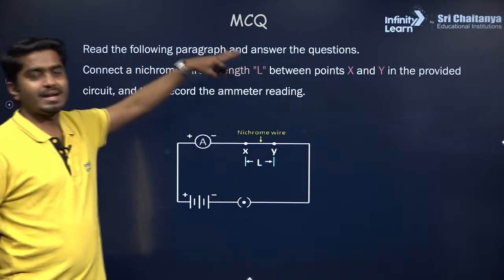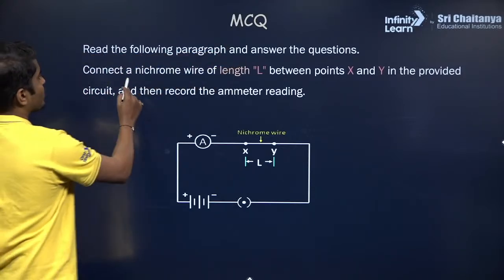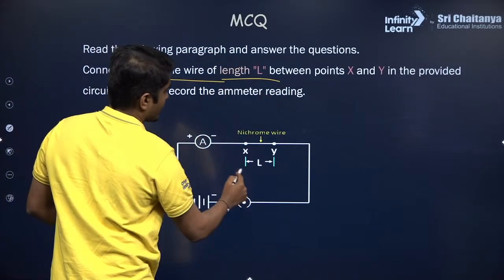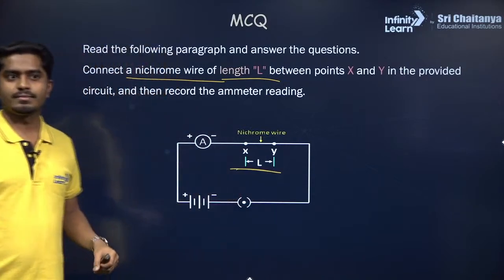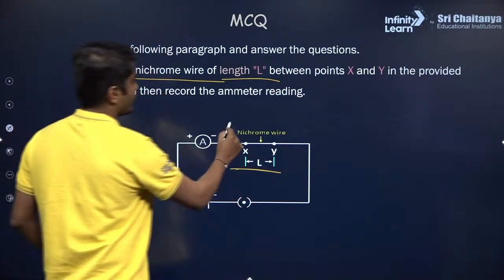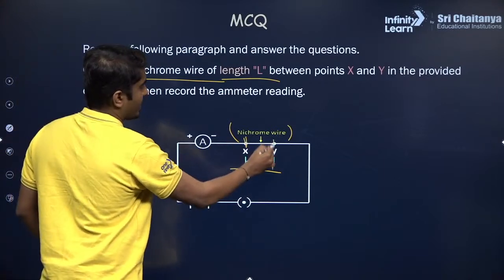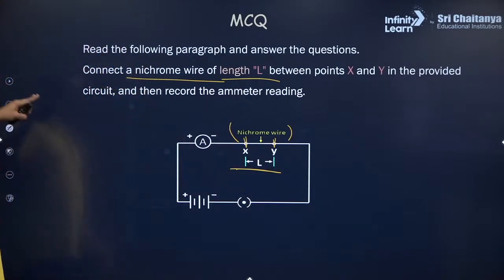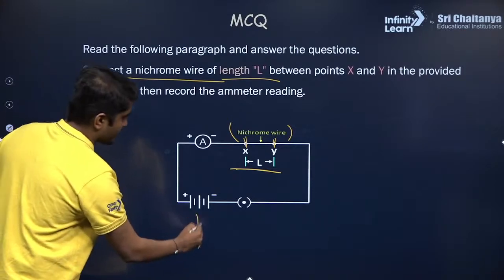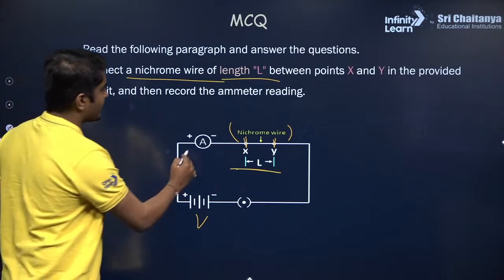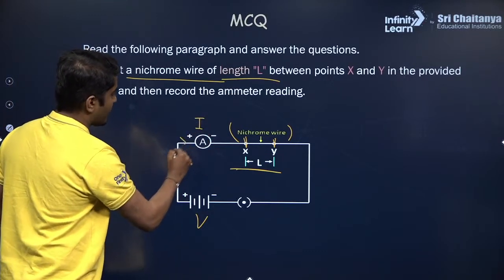So read the following paragraph. What is the paragraph? Connect a nichrome wire of length L. There is a nichrome wire placed between points X and Y, and there is a battery which is providing the voltage. There is this ammeter. It will measure the current which is passing through it.